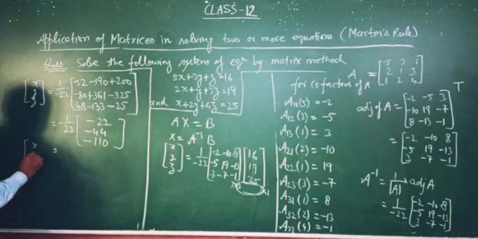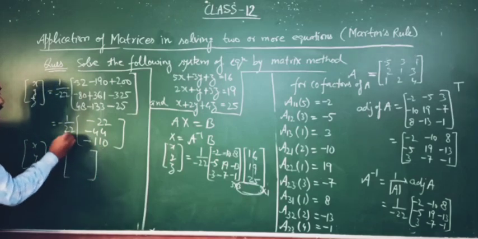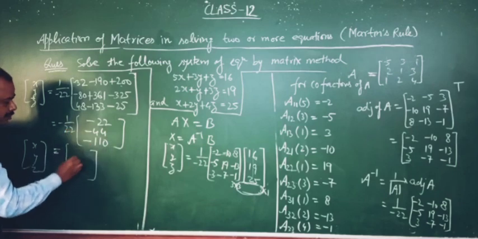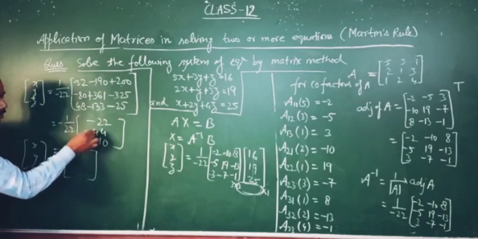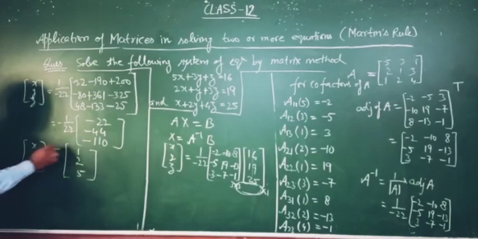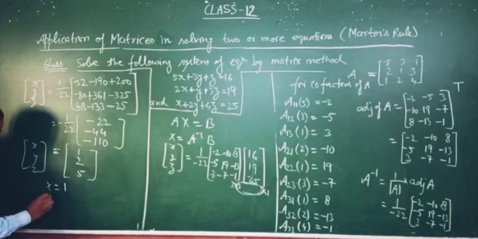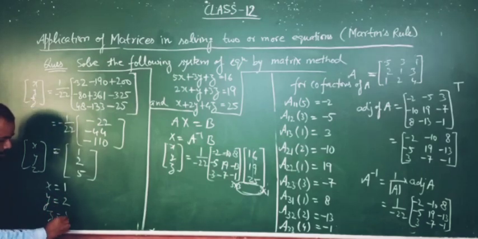Now X, Y, Z is the column matrix, and the result of this product will be 1, 2 and 5. On comparing these two column matrices, the value of x will be 1, the value of y will be 2, and the value of z equals 5.